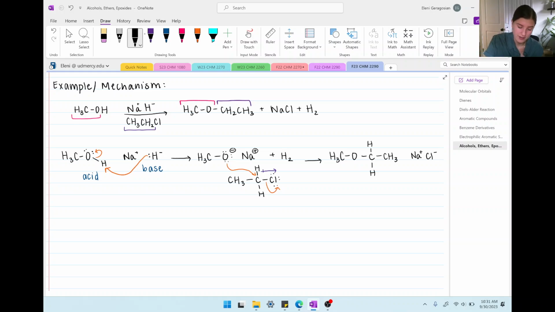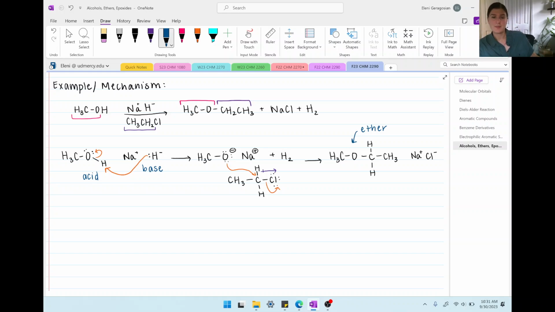So here we have our ether. This is the mechanism, or an example of the mechanism for the Williamson ether synthesis.